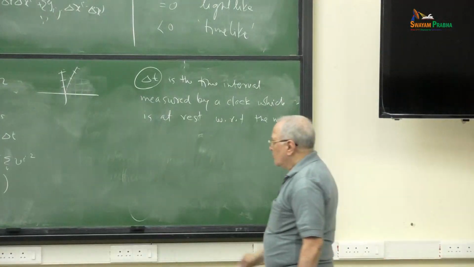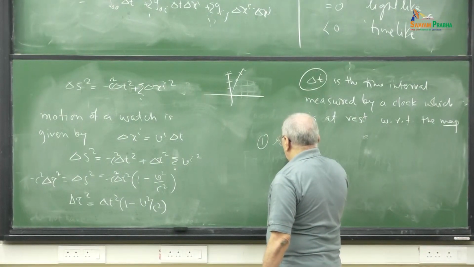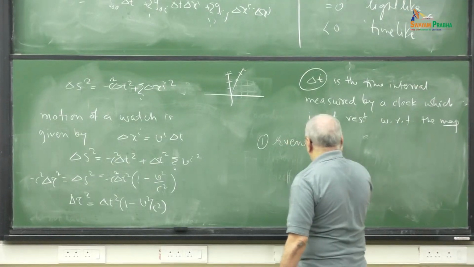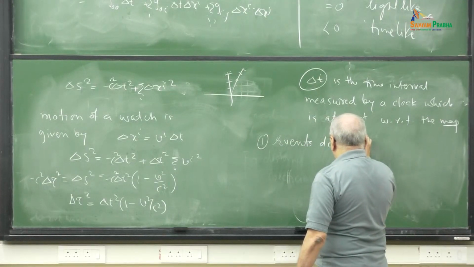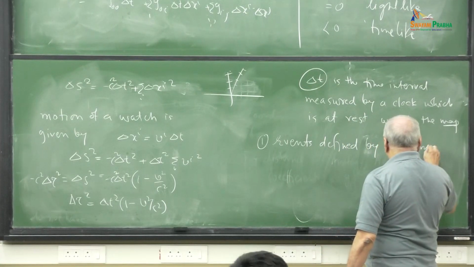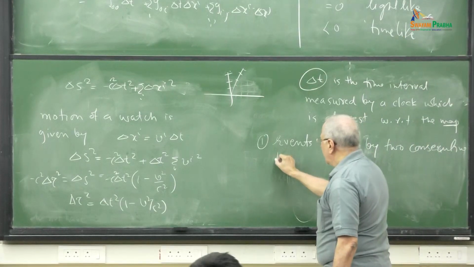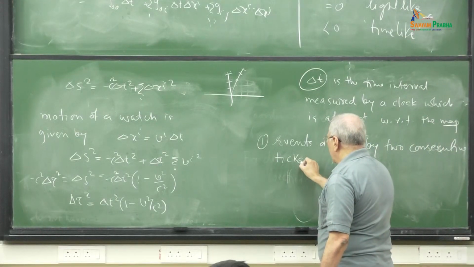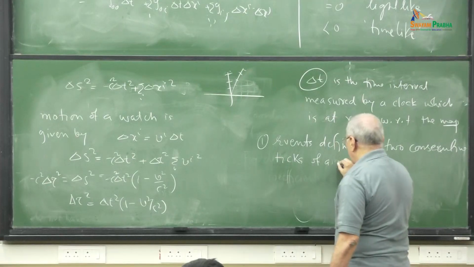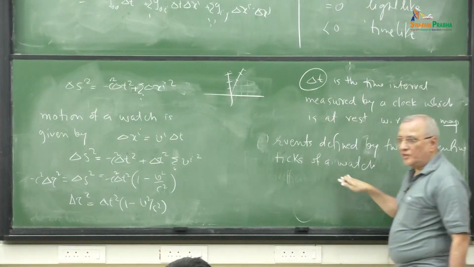So in the first case, I consider events defined by two consecutive ticks of a watch. In general, events are defined by this.